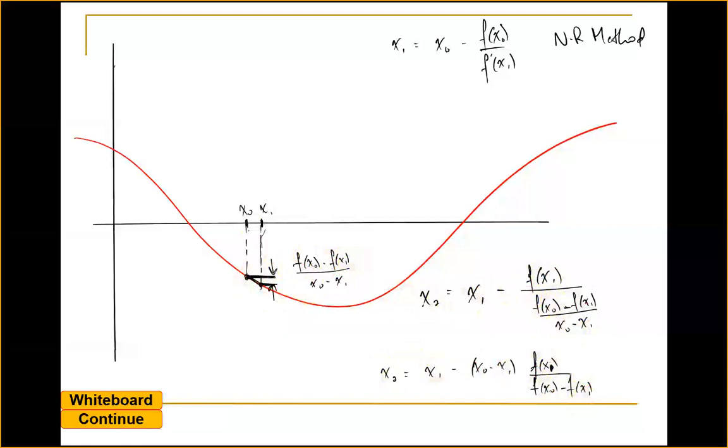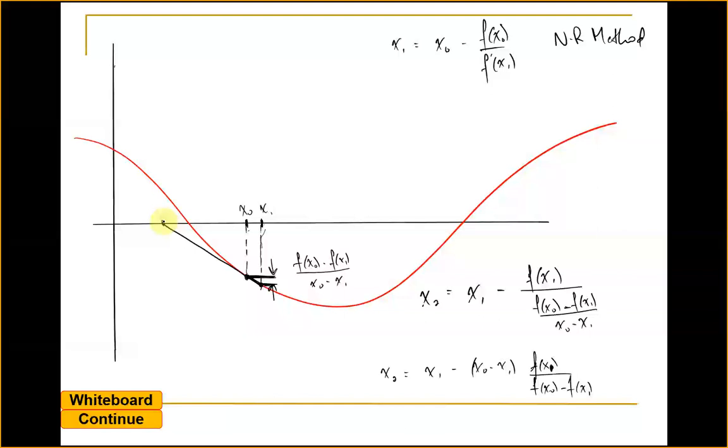So now, using these two values as a slope, we go here.